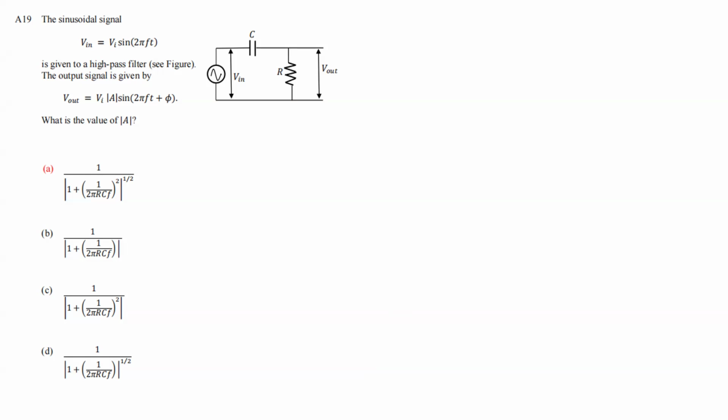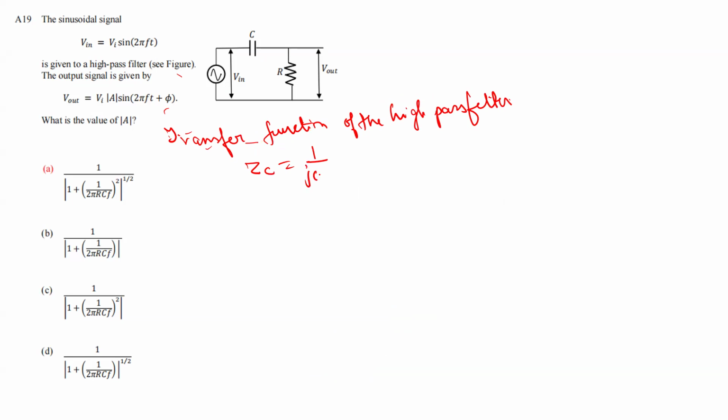The output is taken across the R. We can write the transfer function of the high pass filter, where the capacitor impedance ZC equals 1 by j omega C.